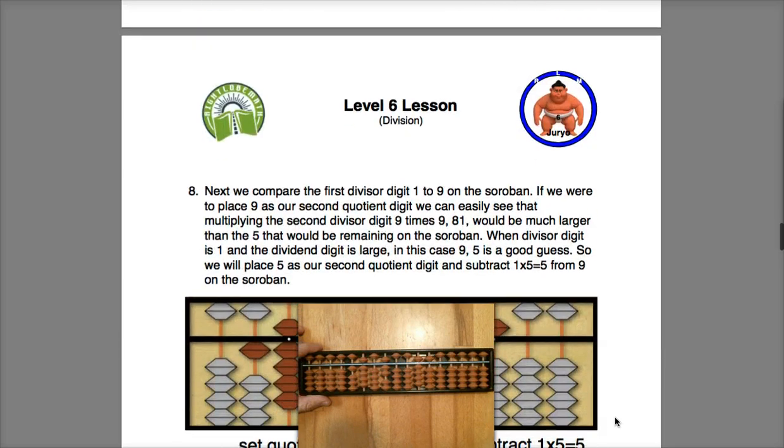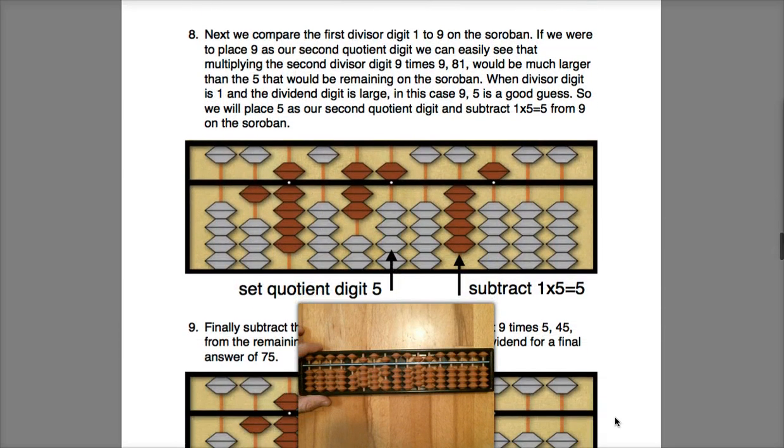Okay, so now I'm going to look at my first divisor digit again, which is 1, and compare it to the 9 on the Soroban.